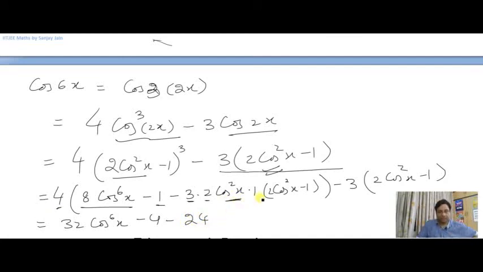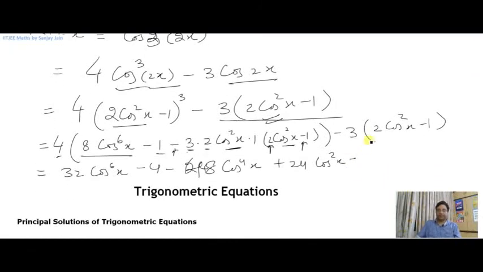This is cos squared x and this is cos squared x, so cos raised to power 4x, and this is 2, so 24 into 2 48 cos raised to power 4x, and then this will become plus here, so 24 cos square x, 24 cos squared x, and then there is minus, this will be 3 into 2 6 cos square x plus 3.